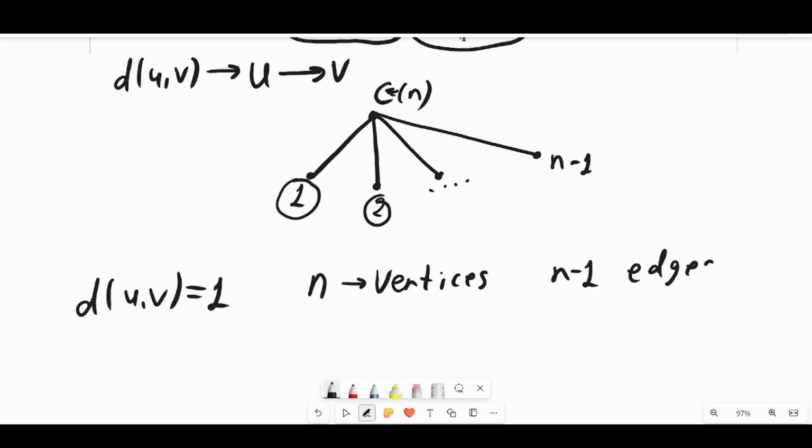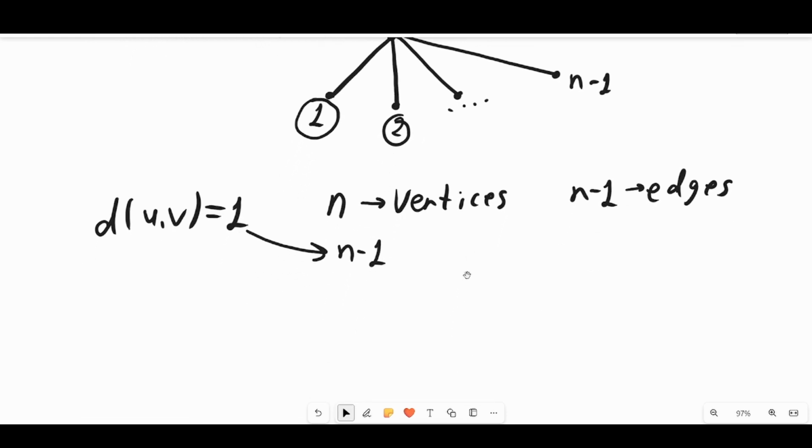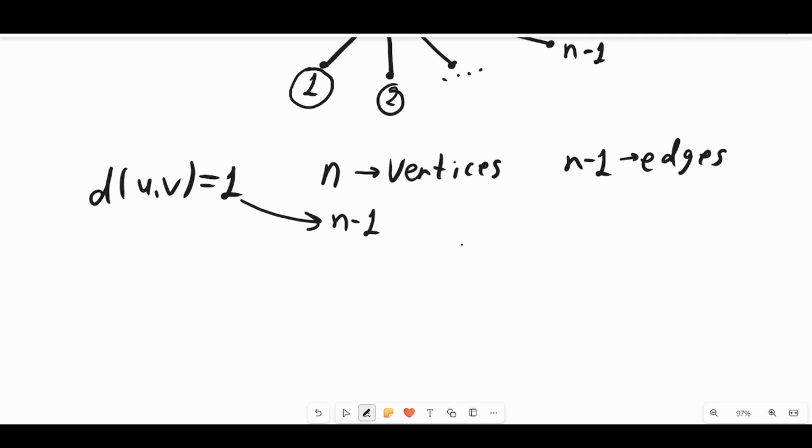So the total number of pairs with d(u,v) equal to 1 is n minus 1. And how many ways can we choose two different vertices? Clearly this is n choose 2, and this equals n times (n minus 1) over 2.